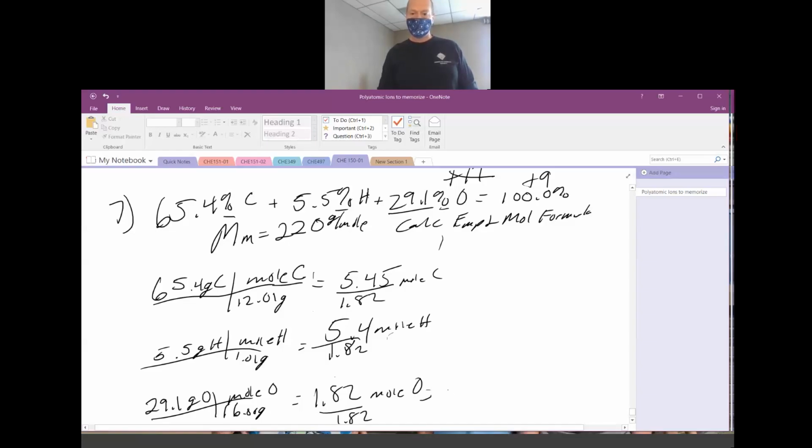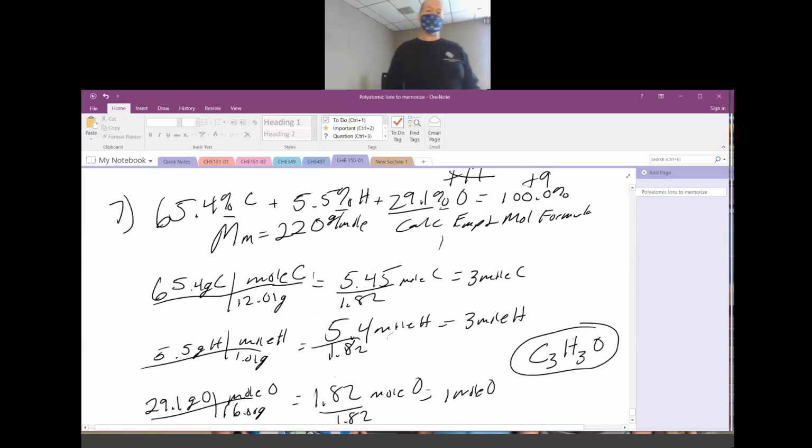So now we know we have 1 mole O. And then when we take our 5.45 and divide by 1.82, we get 3. And so this is 3 moles carbon. This is 3 moles hydrogen. And so that is our empirical formula. It is C3H3O. All right, so that is the empirical formula.